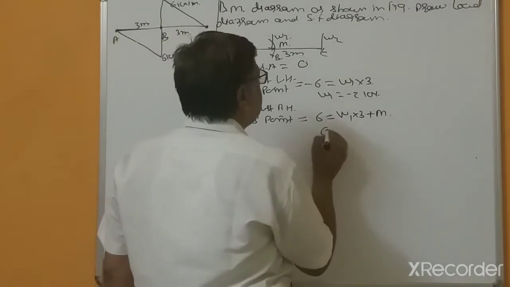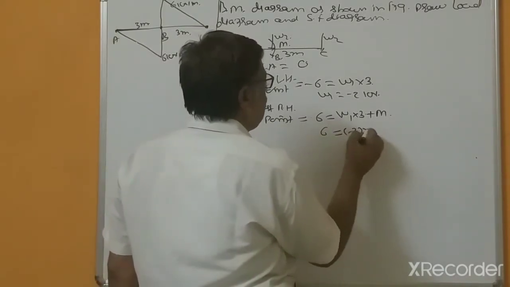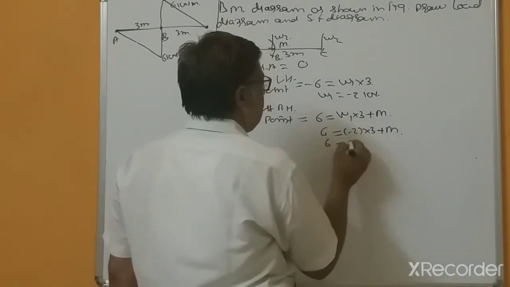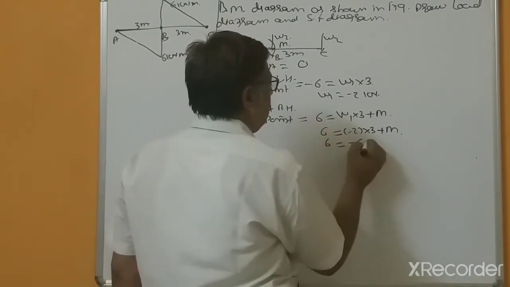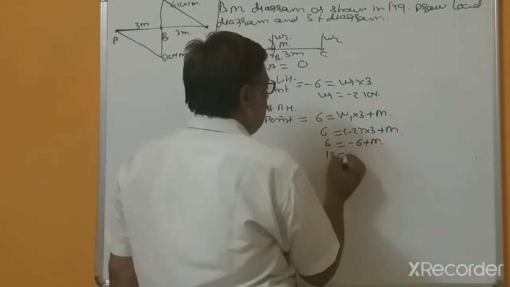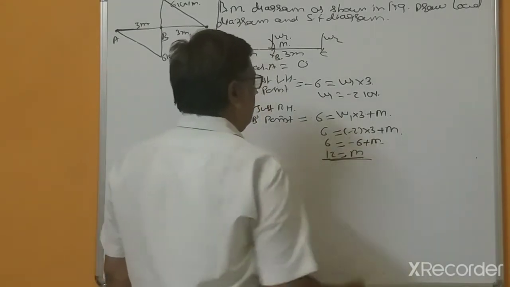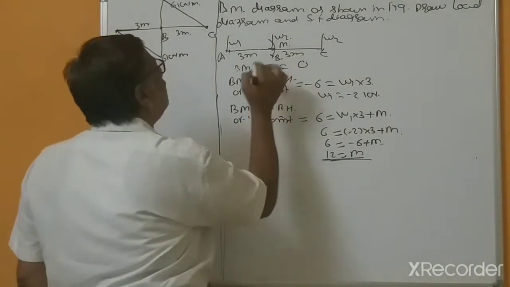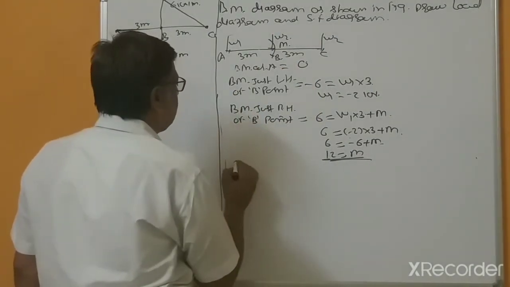Now 6 minus 2 into 3, 6, so m equals 12, and we assume this is clockwise.